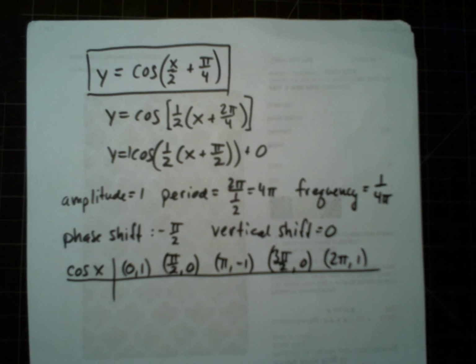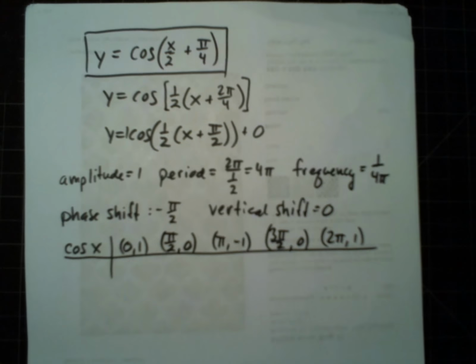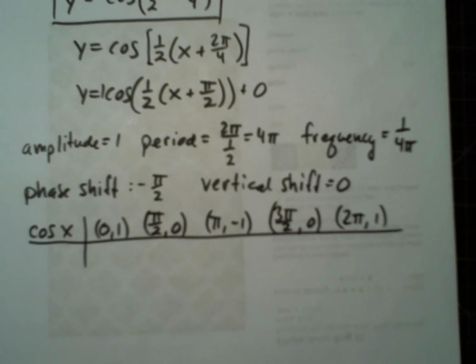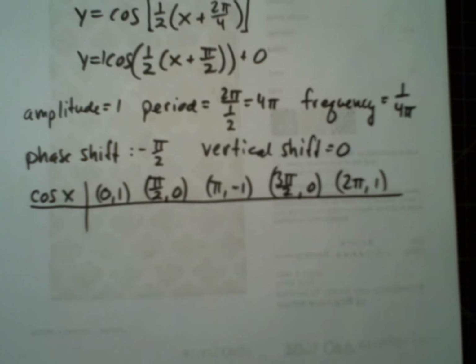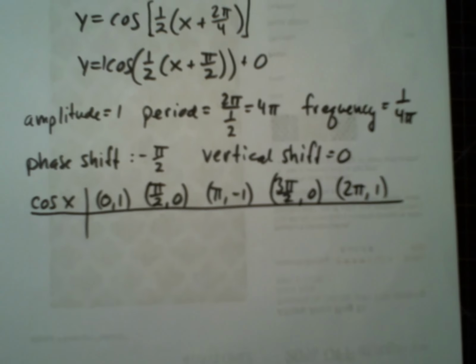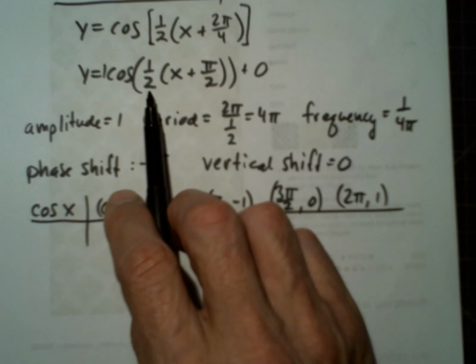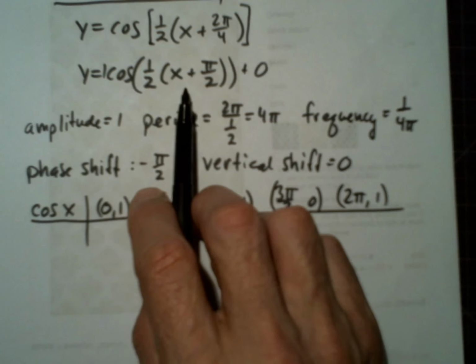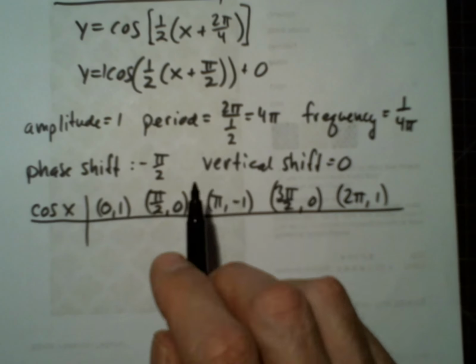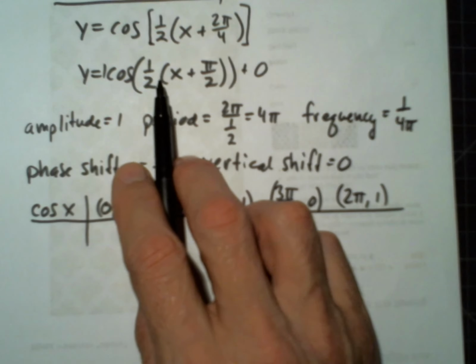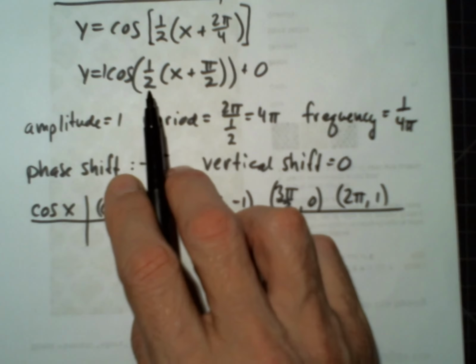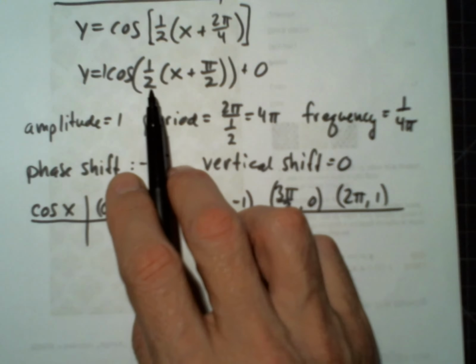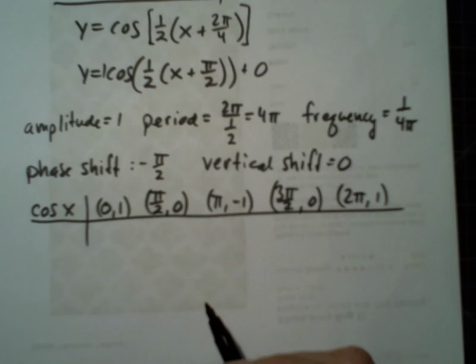Then we have a horizontal dilation, and we're going to make sure we do this first, and then we'll do that. These are both horizontal, so they're going to change the x value. Here we have 1/2 times something, so we're going to do the inverse of that, and we'll divide all the x values by a half. Dividing by a half is multiplying by 2, so let's multiply the x values by 2.